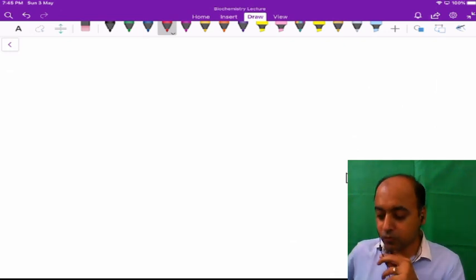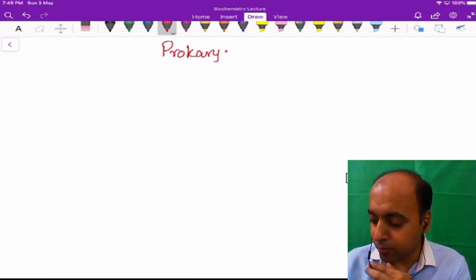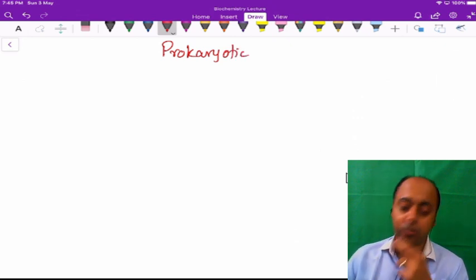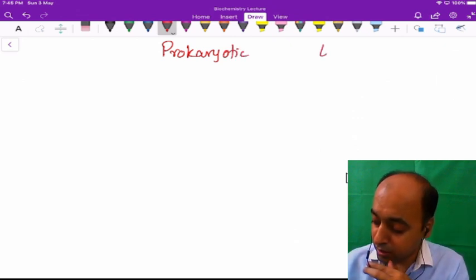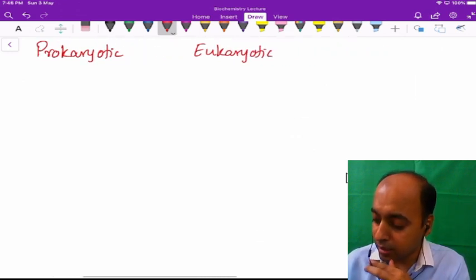So now quickly we'll compare the prokaryotic polymerases with the eukaryotic polymerases and compare their respective functions.